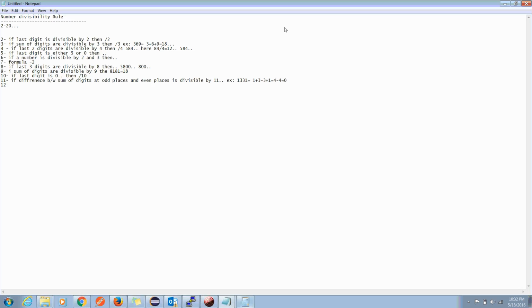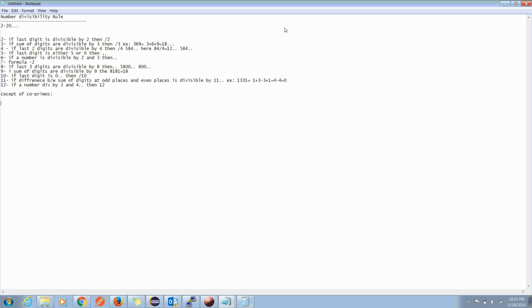So for divisibility by 12, if a number is divisible by 3 and 4, then that number is divisible by 12. Here you need to understand the concept of coprimes.